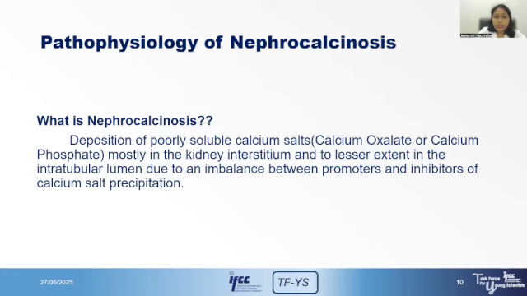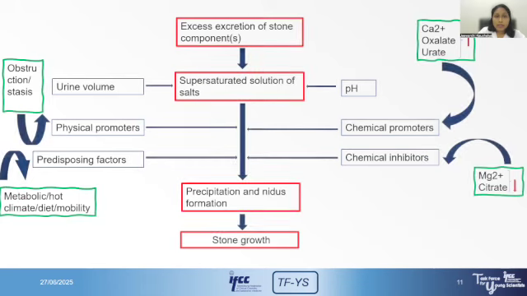Nephrocalcinosis is the deposition of poorly soluble calcium salts like calcium oxalate or calcium phosphate, mostly in the kidney interstitium and to a lesser extent in the intratubular lumen, due to an imbalance between promoters and inhibitors of calcium salt precipitation. This line diagram shows how a stone forms in our kidney.